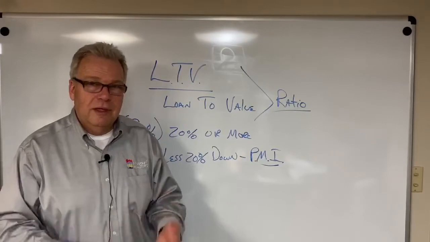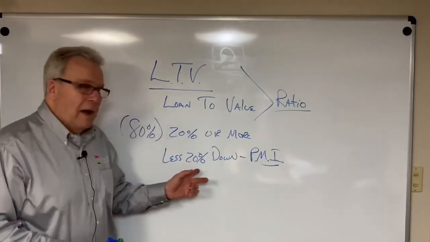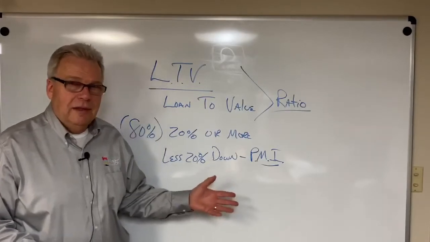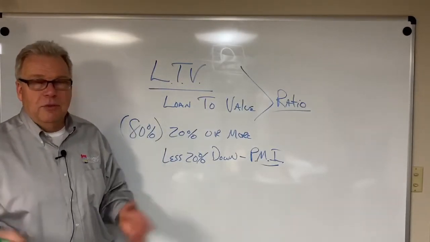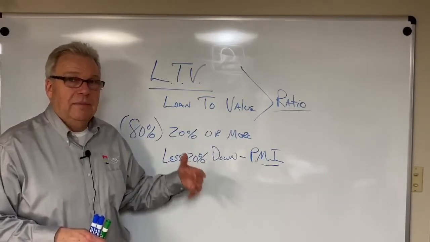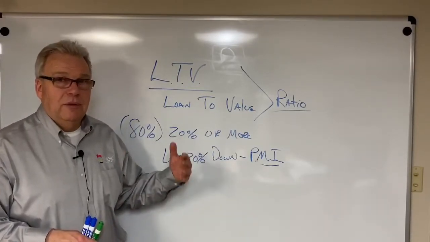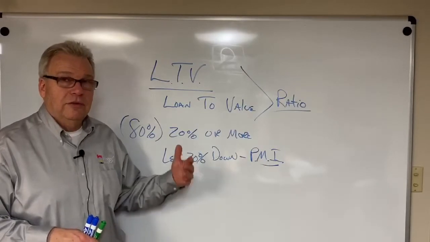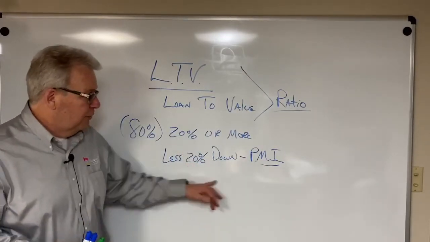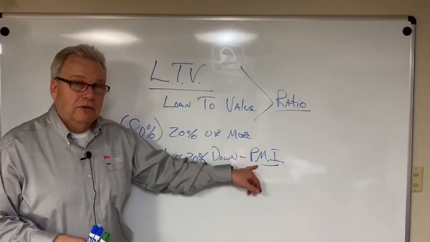They didn't have any skin in the game. Same way with buying a home. If people get a home with no money down, and times get a little tough, they just walk away from it. And then the bank has to go in, paint, clean it up, keep the grass mowed, put the utilities and the insurance on, and try to resell that property. So less than 20% down has to have private mortgage insurance.